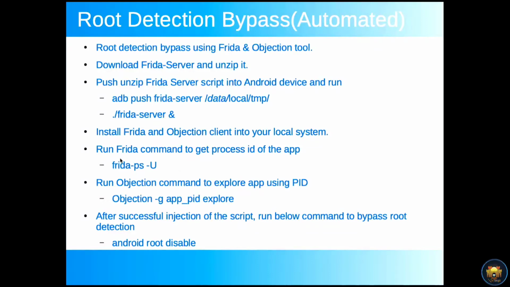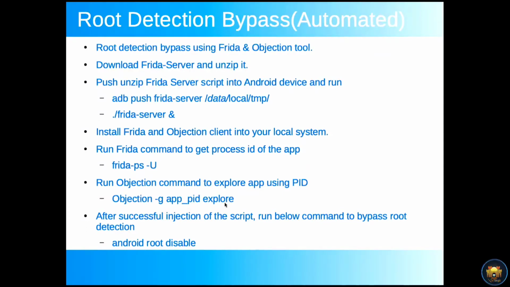Here I am using the -U option because my local system is connected to the Android device using USB. After that, run the objection command with whichever PID I gained in the previous command: objection -g, for gadget, with the app PID, and then explore.